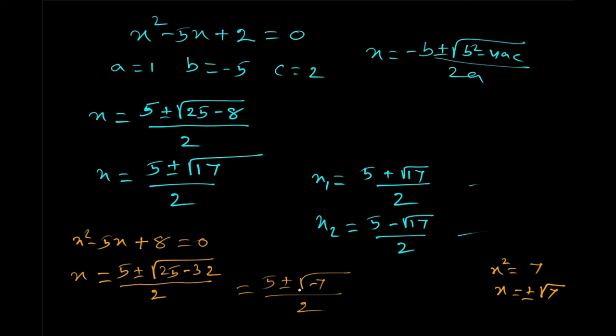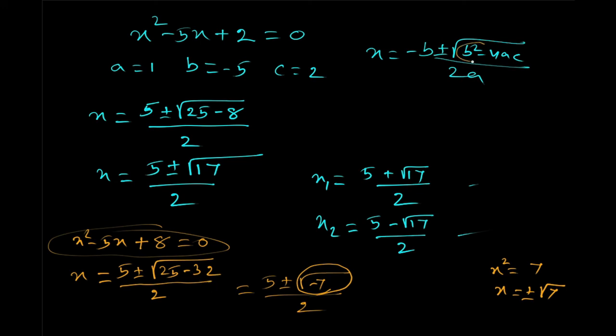But root over minus 7 you cannot find, and this quantity is known as an imaginary number. In that case you cannot find the real root of this equation. So what is the condition in which we can find the real root?